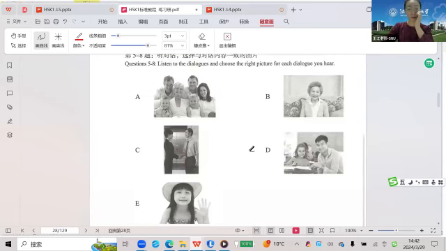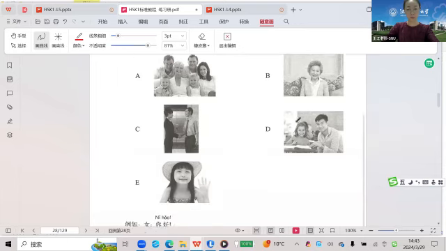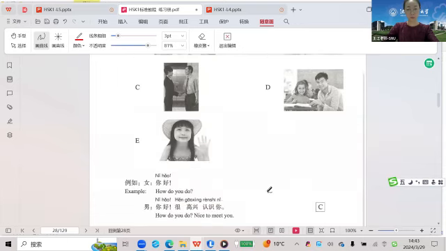第二部分 Part 2. 第5到8题，听对话，选择与对话内容一致的图片。Questions 5 to 8. Listen to the dialogues and choose the right picture for each dialogue you hear. 例如， Example. 你好， How do you do? 你好，很高兴认识你。 How do you do?